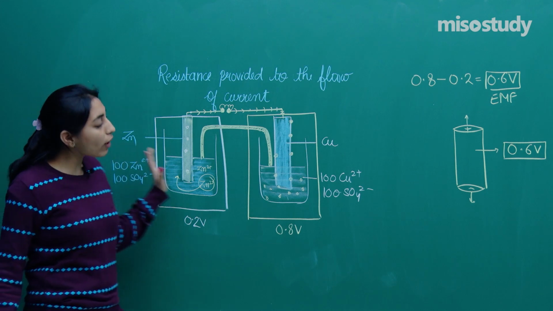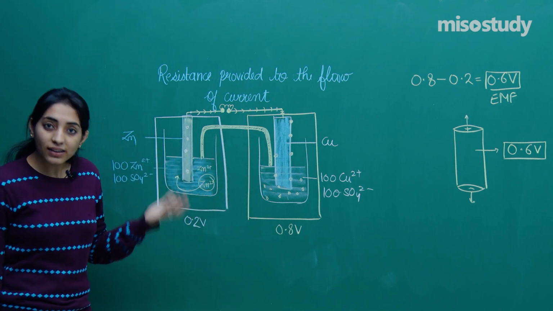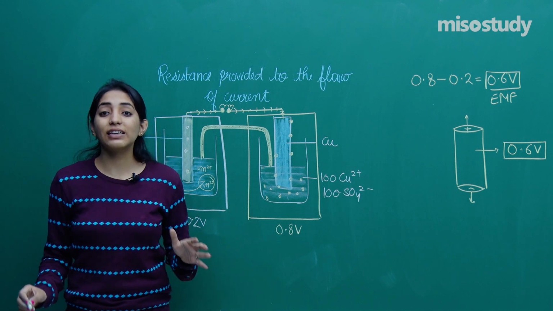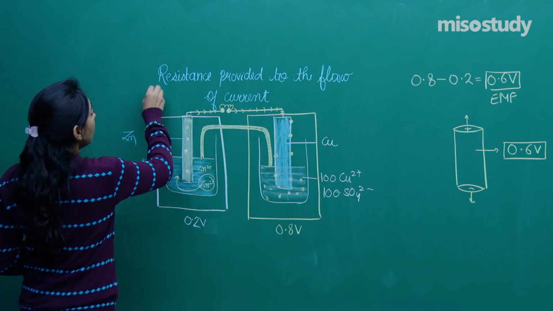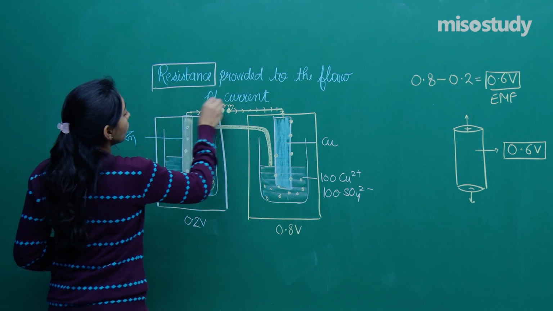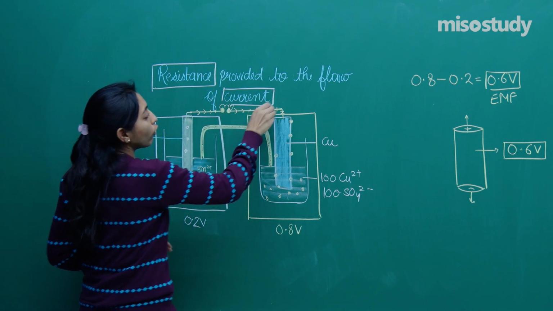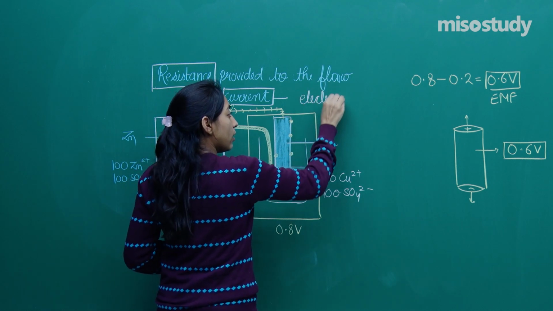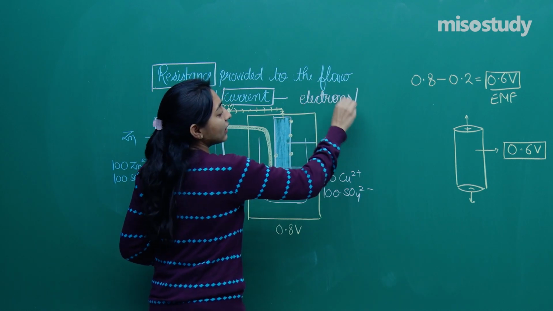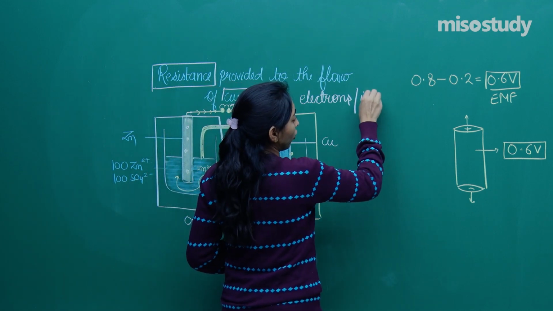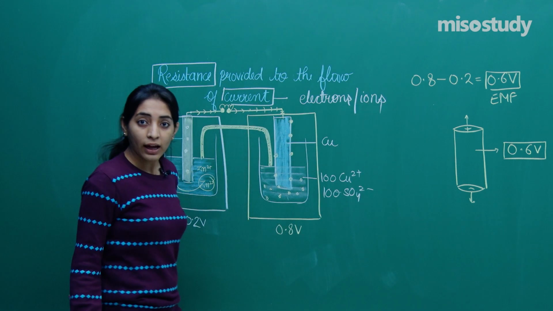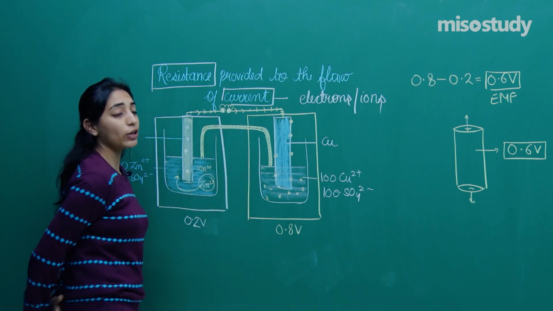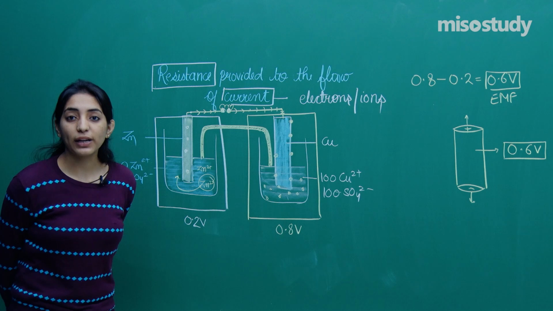That means throughout the path where either the electrons are moving or the ions are moving, throughout the circuit resistance will be offered to the flow of current. Now the flow of current, because there can be flow of electrons as well as flow of ions. Okay.